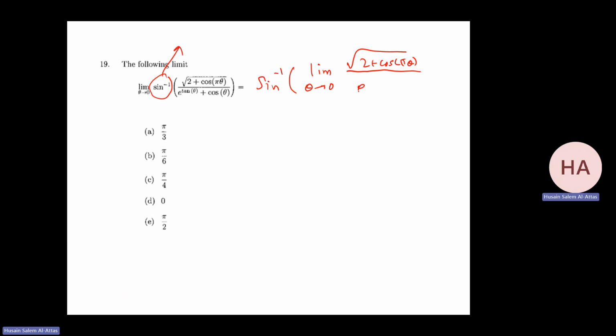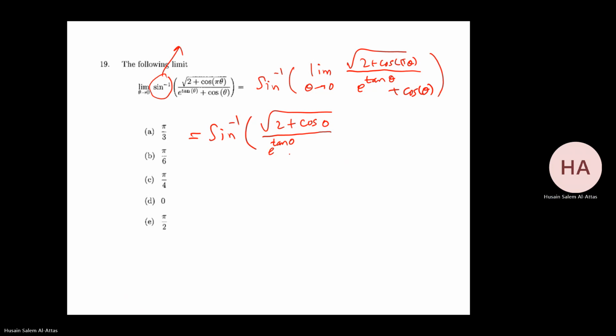If you look at these ones, you think it's complicated. No, actually, when you substitute, there is nothing to worry about. So that's sine inverse of square root 2 plus cosine pi times 0, which is cosine 0, over e to the tan 0, which is 0, plus cosine 0.